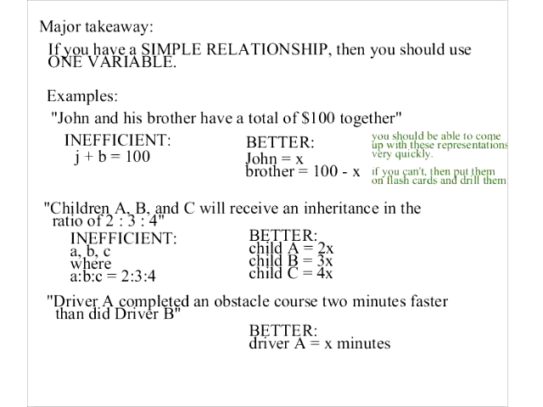And then driver B, now be careful when it comes to faster. Faster, in this case, this is time. So driver A was faster, which means driver A took less time. So driver B is actually going to be X plus 2 minutes because driver B took more time. Be really, really careful with speed when you get these sorts of things.